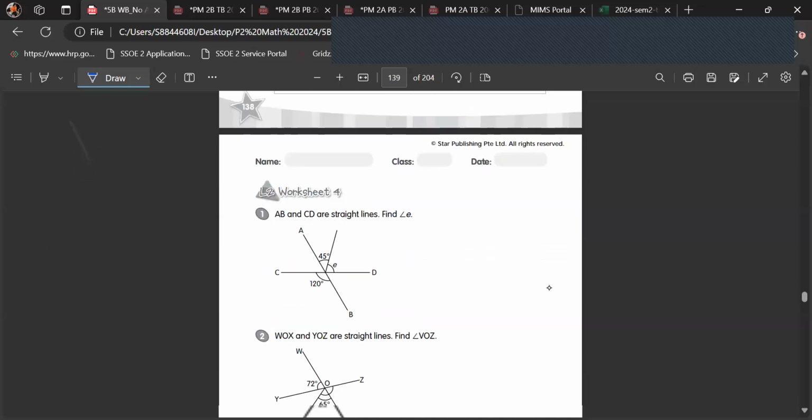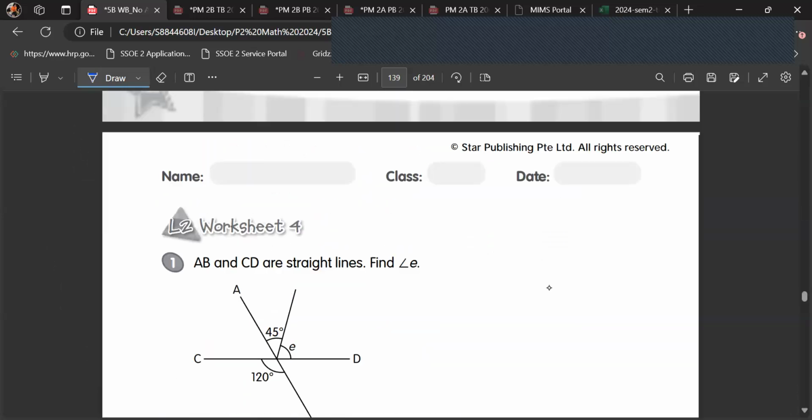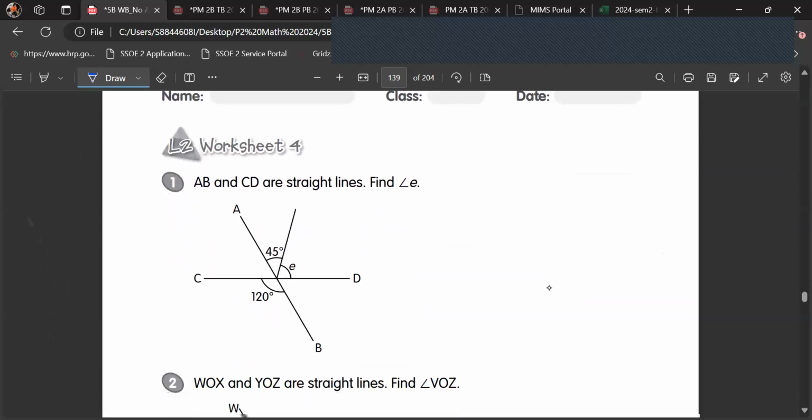Okay, so the next one here on page 139. Now you realize there are a few more steps to do.